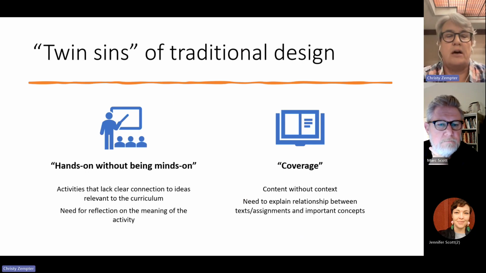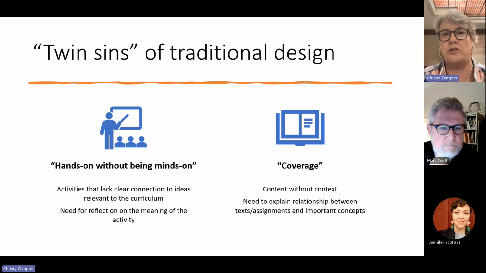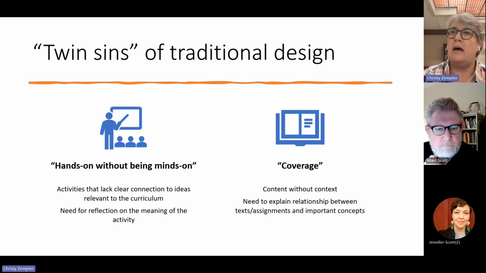So the authors of that book identified what they called the twin sins of traditional design. So again, looking at traditional design as starting with the materials you're going to use in class, the activities, without having a clear sense of how those might connect to learning outcomes. And the twin sins that they focused on were activity-focused learning without real reflection on what that activity means.